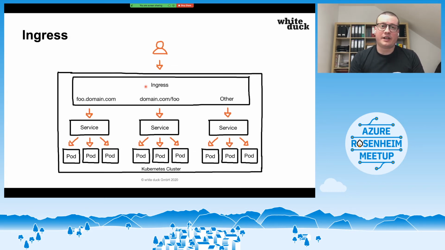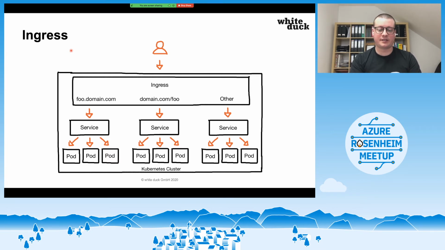There's another one, which is basically not a service, but it's a pretty nice implementation. It's called Ingress, and Ingress is an option to define Ingress resources in your Kubernetes cluster, and those Ingress resources can be used to define how a request gets routed into our cluster.